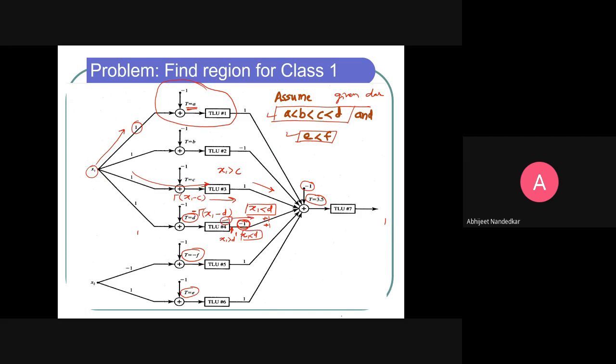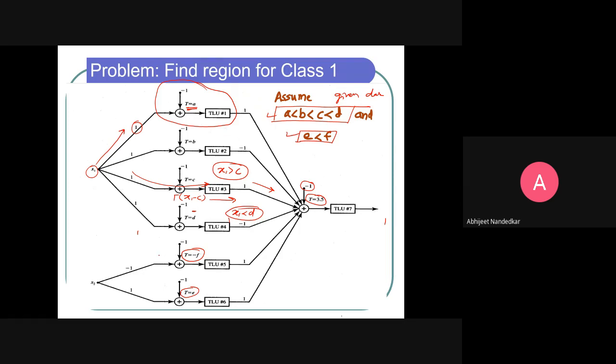This -1 will get multiplied with this -1, and it will produce +1. Okay, so in short, this terminal will produce +1 whenever x1 is less than d. And this will produce +1 whenever x1 is greater than c.